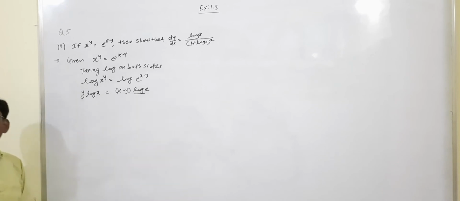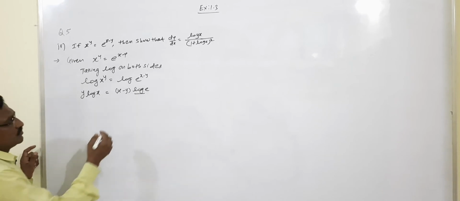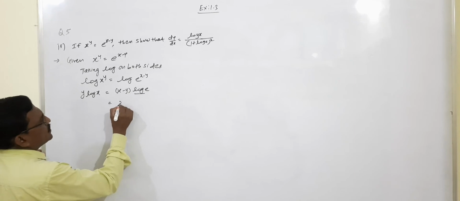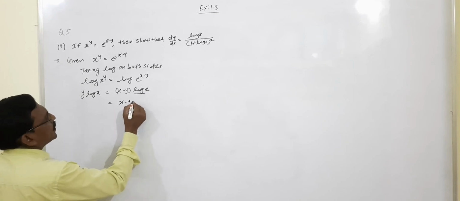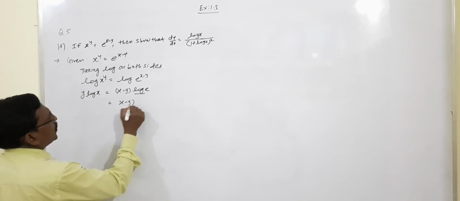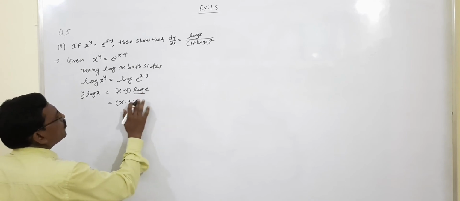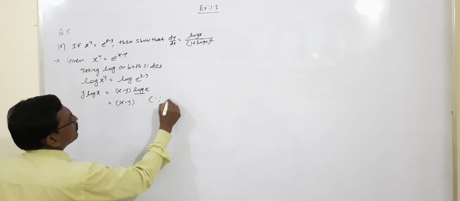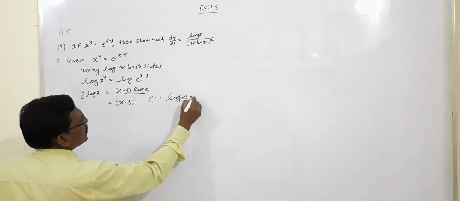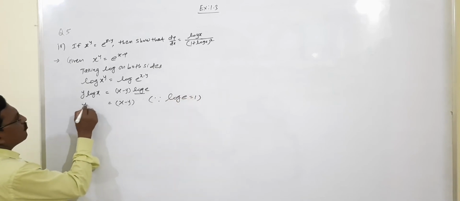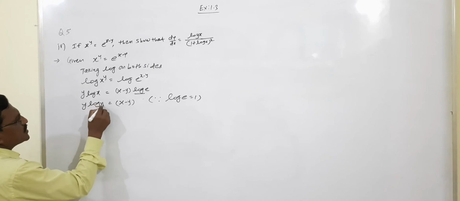But the value of log e is 1, so it is x minus y into 1 only, and y into log x as it is.